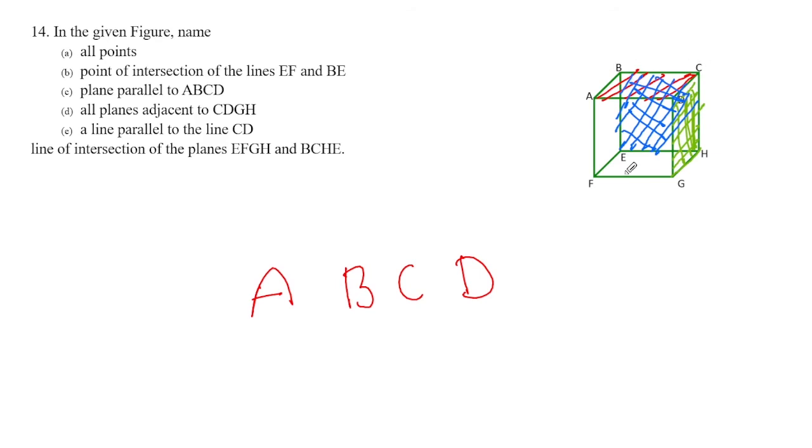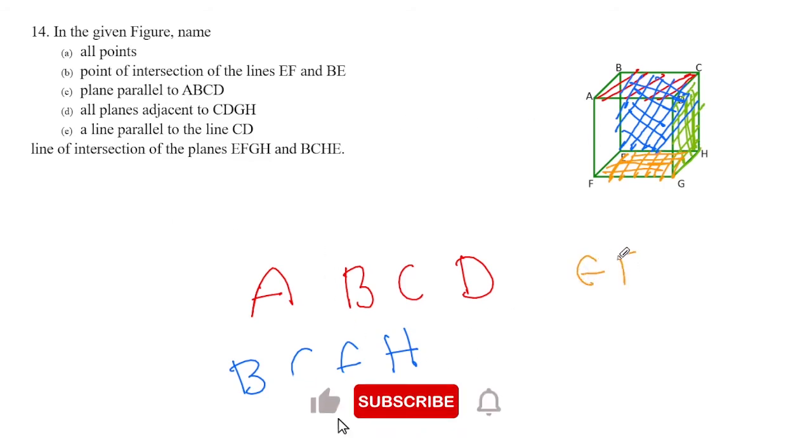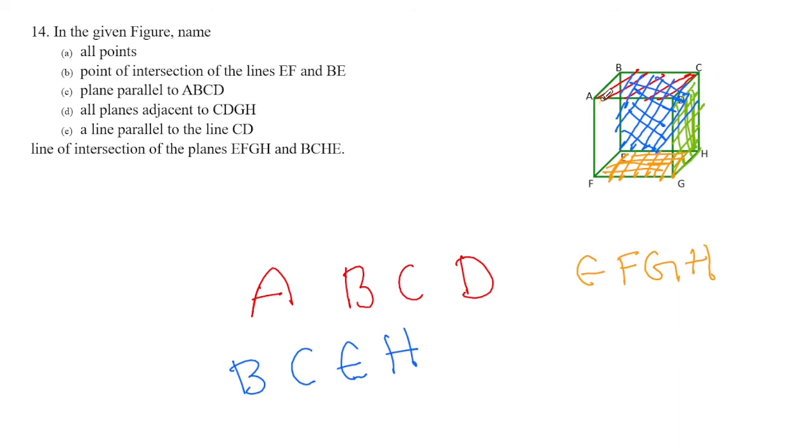This is B, C, E, H. Then we have this area over here, E, F, G, H. Then we finally have this plane in front, which is A, D, G, F. These are all the planes adjacent to C, D, G, H.